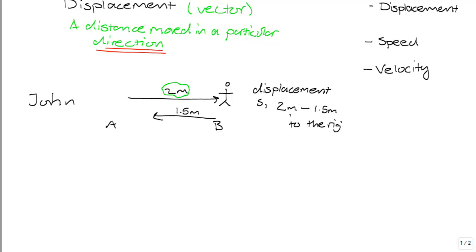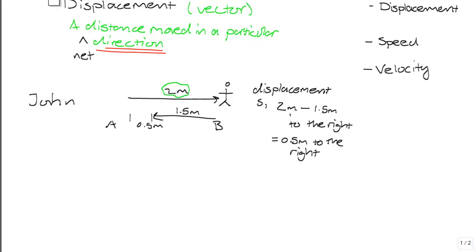The reason for this is, remember that a displacement is the net distance moved in a particular direction. He's moved 2 meters to the right, but come back 1.5 meters to the left. So the net distance he's moved to the right is 0.5 meters. So his displacement is now 0.5 meters to the right.